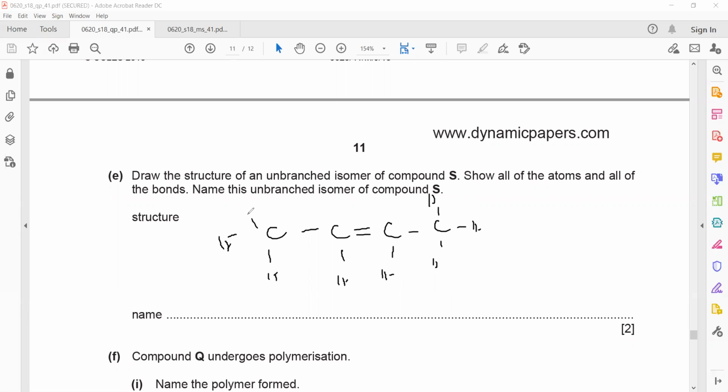And the name of this alkene will be but-2-ene, because it has 4 carbons, 2 is the position of the double bond, and ene is there. So it's but-2-ene.